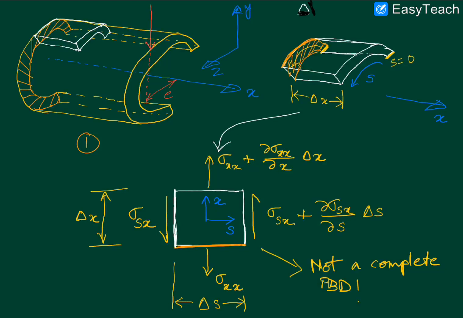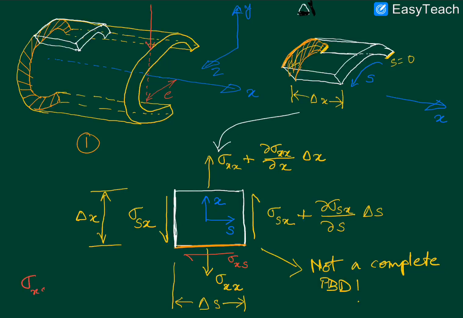So if we were to write down, let me write that down in red just as a special case, this red colored stress component would be sigma Xs.